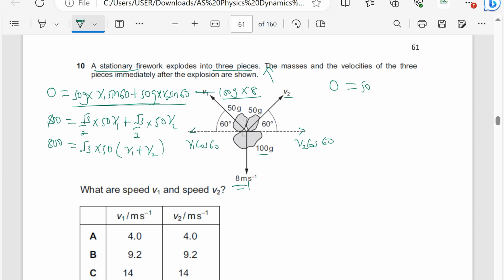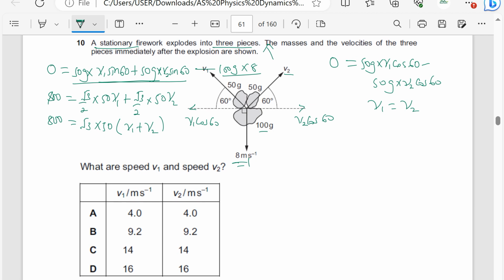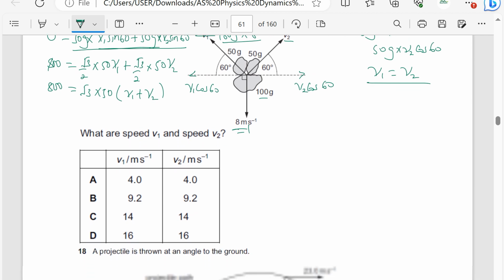After collision, we have 50 times g times v1 cos of 60 to the left minus 50g times v2 cos 60 to the right. So 50g cancels out, and cos of 60 also cancels out. So it means v1 is equal to v2. So we have this equation, v1 should be the same as v2. Let's first check. They're all the same.